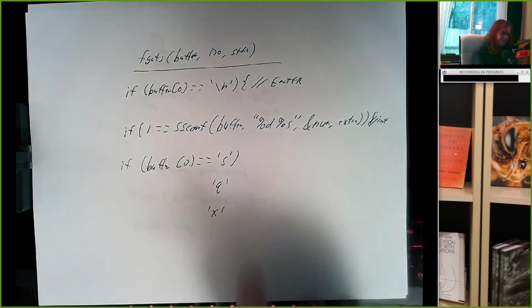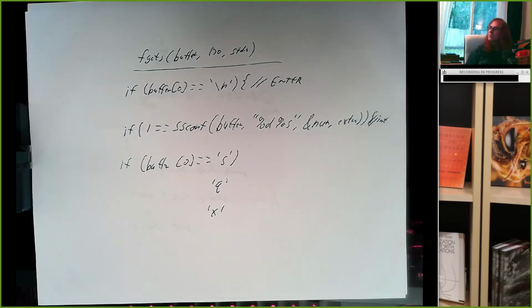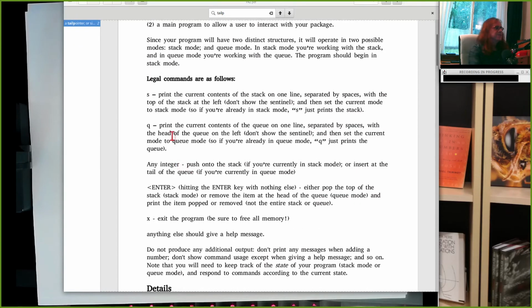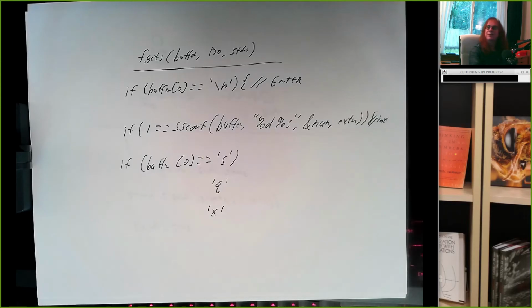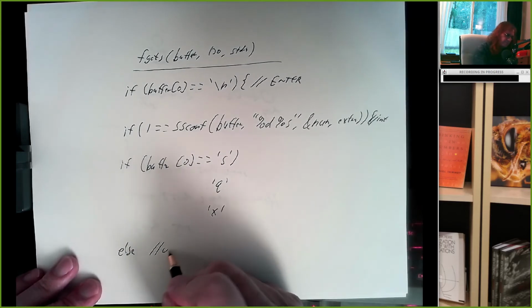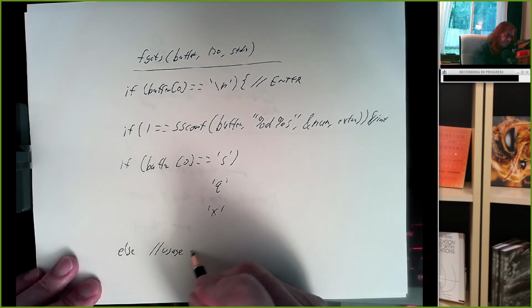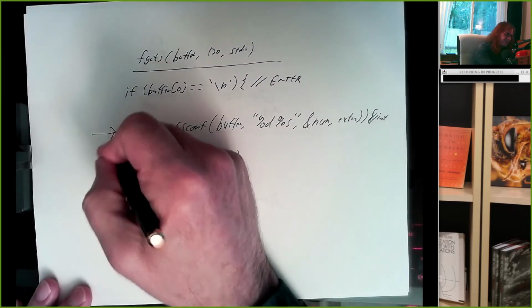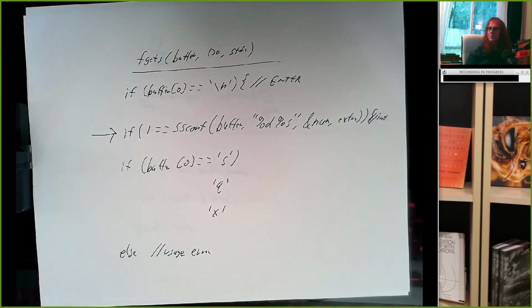And then you can check to see if they typed an S or a Q or an X. And I think those are your only legal commands. S for stack mode, Q for queue mode, integer to insert, enter to pop, and then X for anything else. So those are your only 5 cases. Otherwise, there's a usage error. So one thing you can do is do this first: check to see if there's an integer.